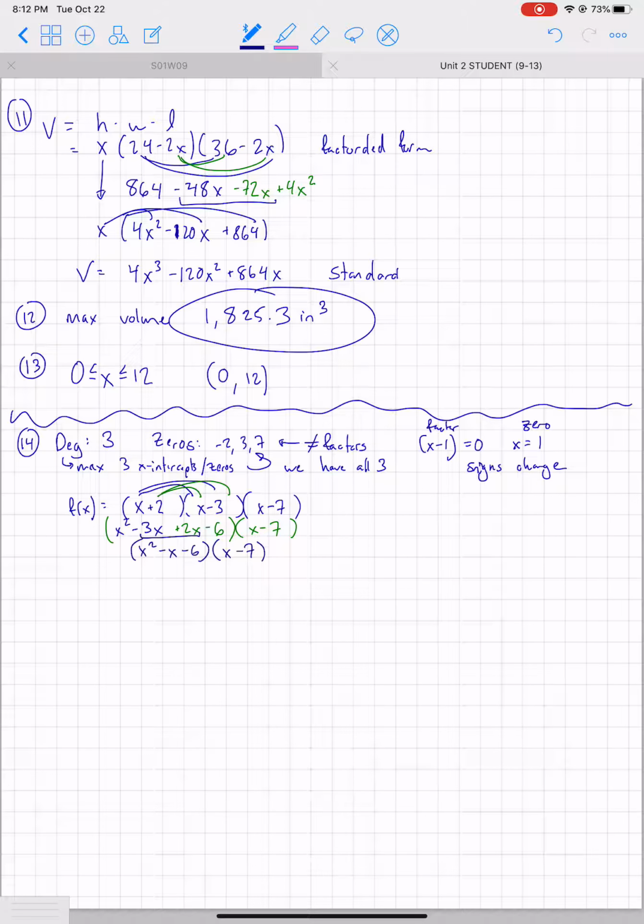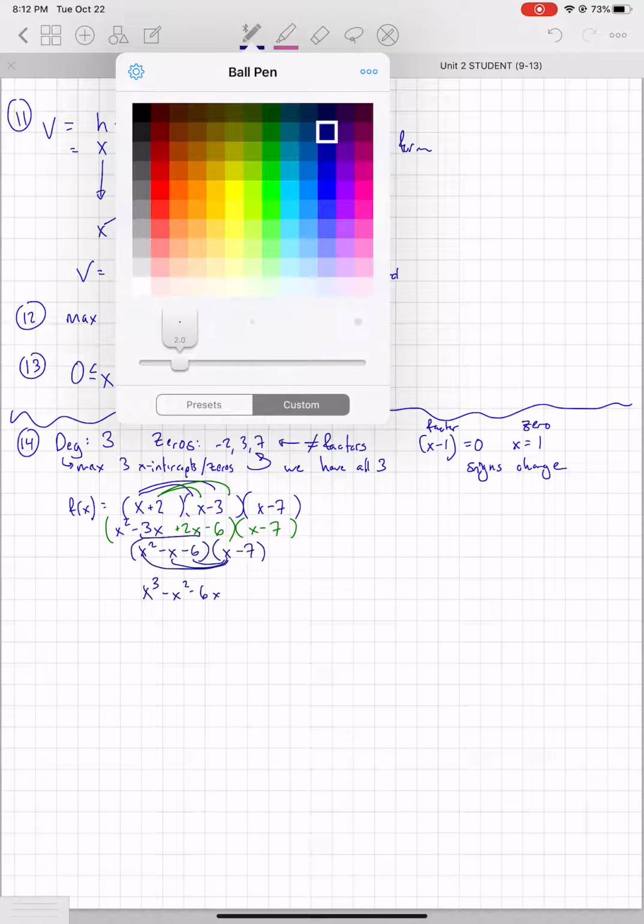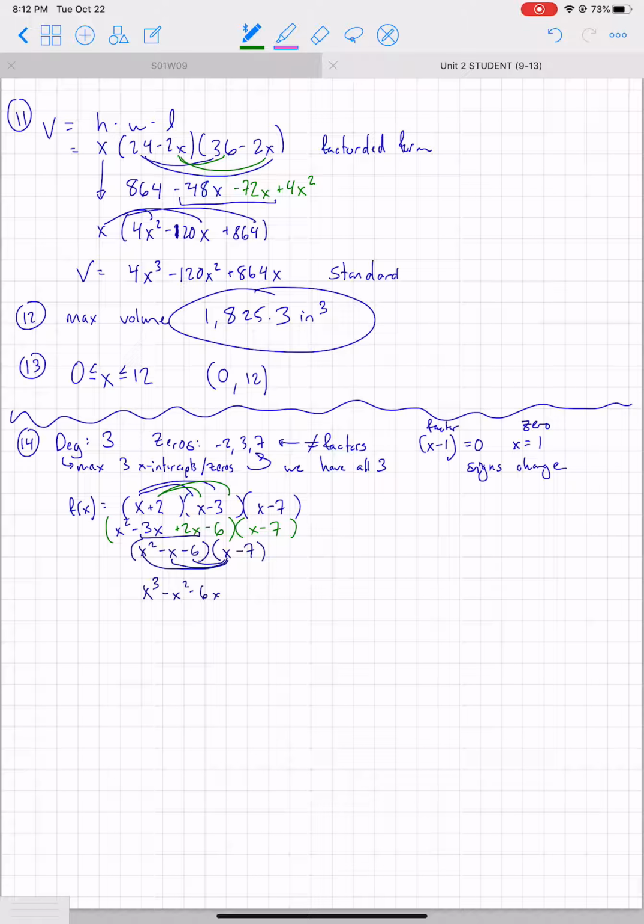All right, we can distribute. I'm going to go this way now because it's a little bit less work for me. So x cubed minus x squared minus 6x. And then we distribute the 7 next, to every term inside the other parentheses. So we get plus 7x squared. Oh, no, we don't, because that's minus 7. Minus 7x squared plus 7x plus 42.